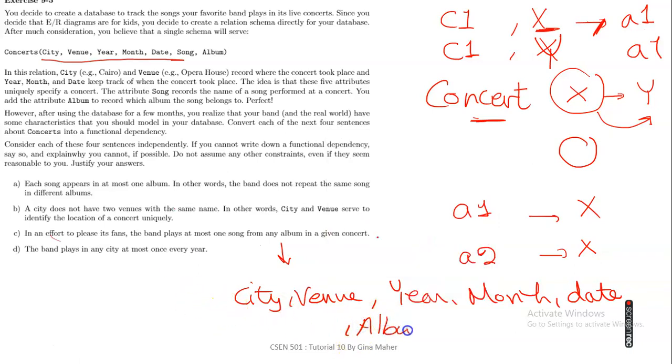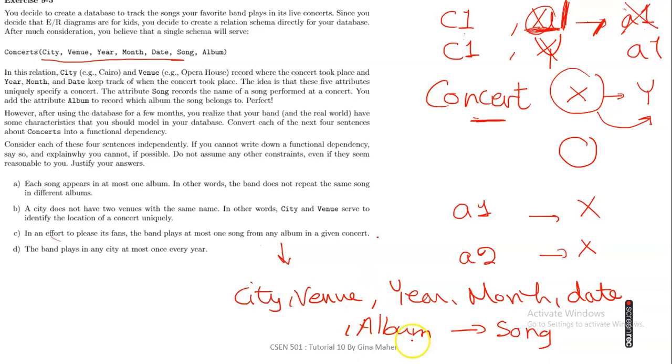The concert and the album can get me the song, because in this example, if we have the song, we cannot deduce which album it is from, because a song can be repeated. However, if we have here A1, which is the album, we can get the unique song of this album that is played in this concert.